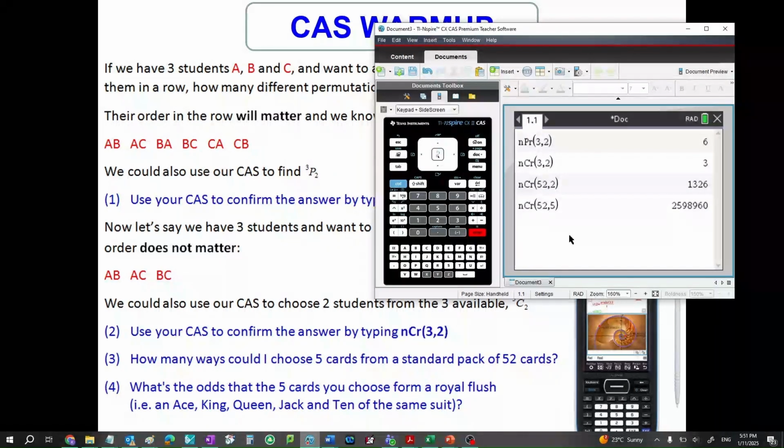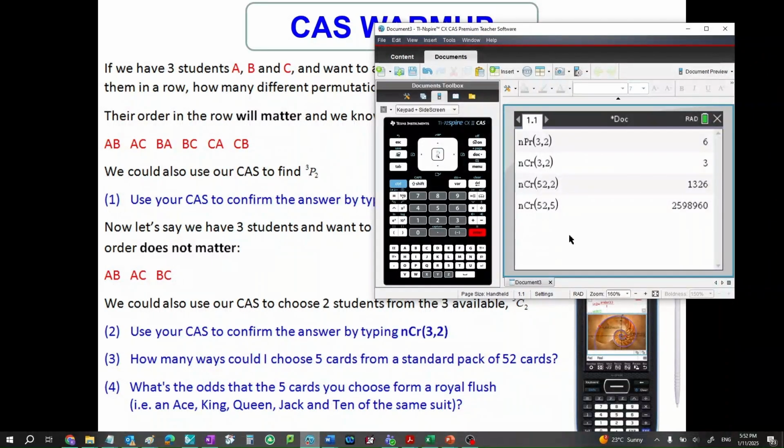And so question 4 says, what's the odds that the 5 cards that you choose form a royal flush, which is ace, king, queen, jack, 10 of the same suit. So from before, there's actually 4 combinations of ace, king, queen, jack, 10 of the same suit, because there's 4 suits: spades, hearts, clubs, diamonds.